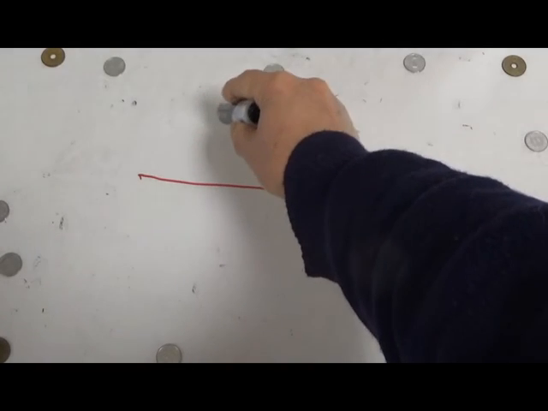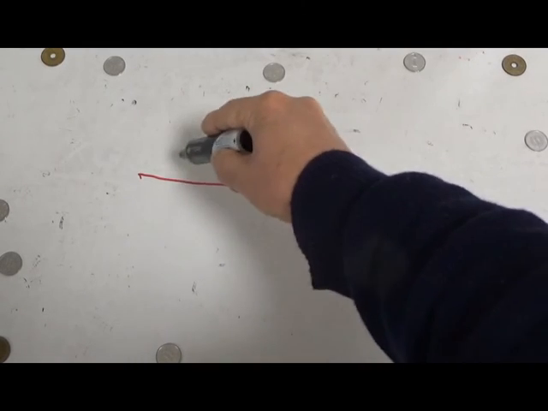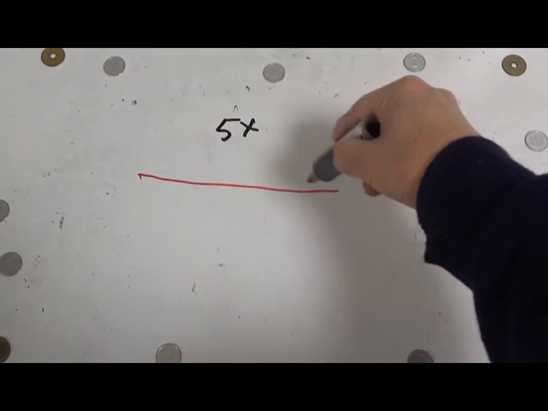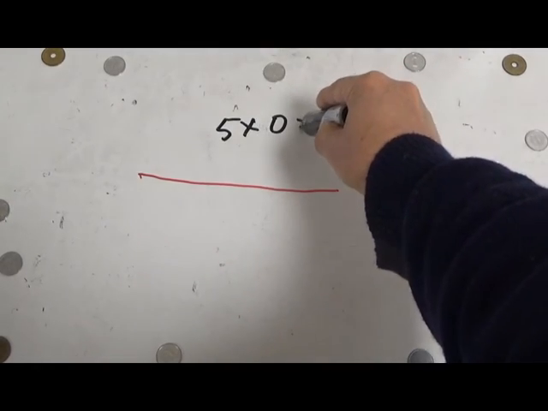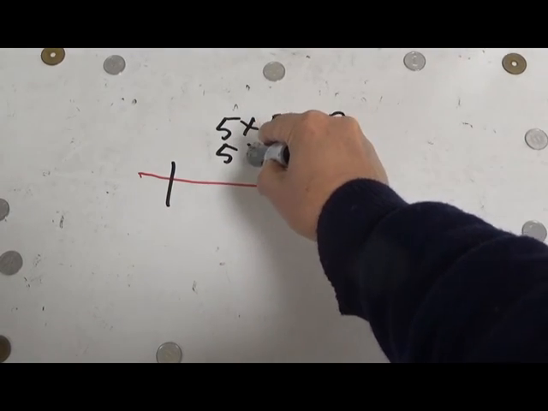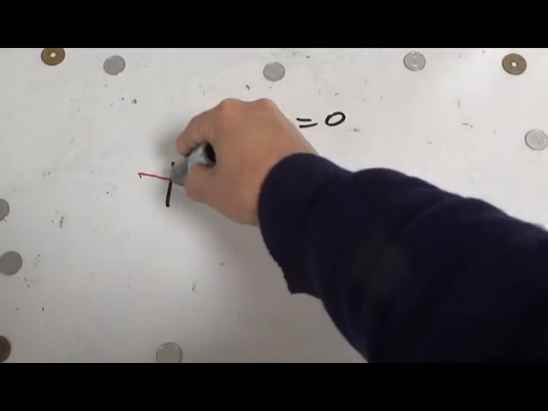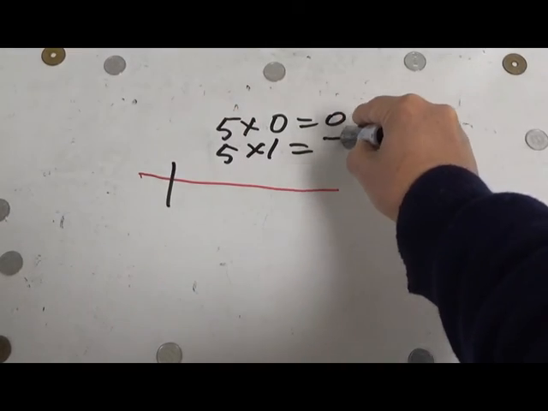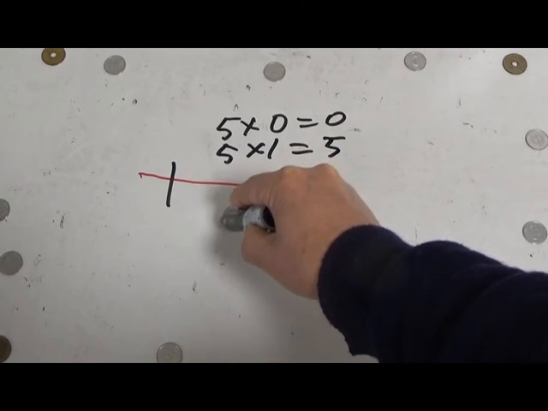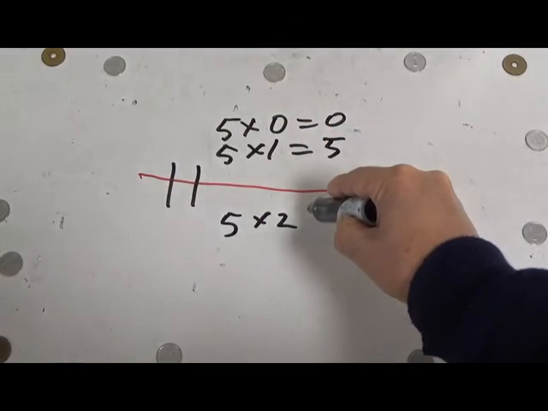This is line 5 shown by a red line, and 5 multiplied by 0 has no vertical line, so it is 0. And 5 multiplied by 1 shows 5 lines, so it is 5. 5 multiplied by 2 is 5 and 5, that is 10.